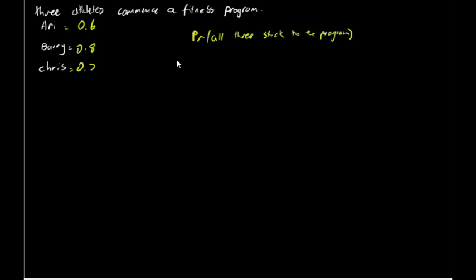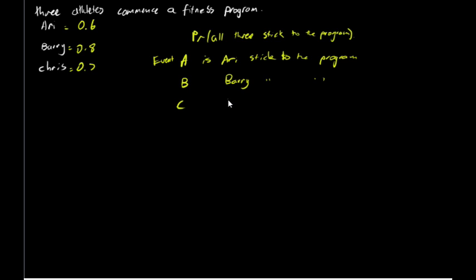So let's define event A is that Ari sticks to the program. B is going to be the event that Barry sticks to the program.